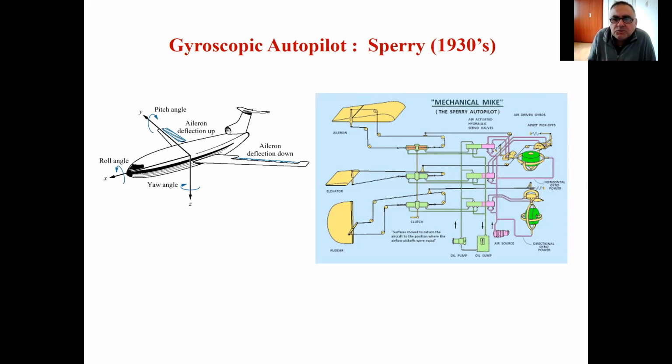All of them are controlled, as you see, by gyroscopes and some hydraulics, which makes the task of the pilot much easier. An airplane with an autopilot is much easier to fly.